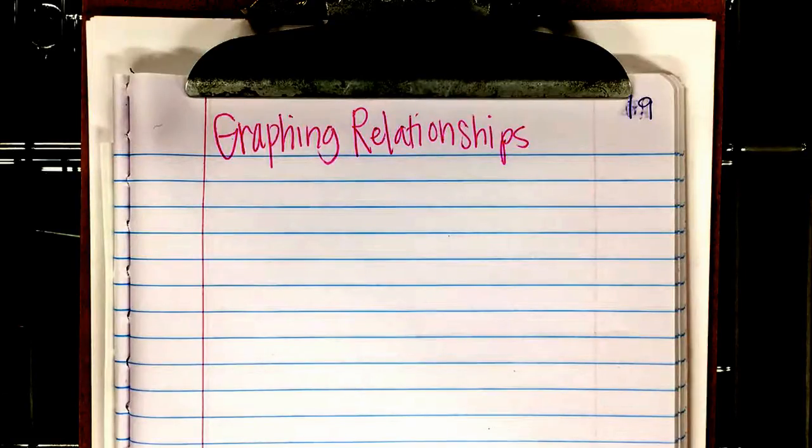In data and statistics, the type of graphs we deal with are box plots and histograms and dot plots and those types of things, right? Frequency tables, stem and leaf. Data and statistics is when we gather a whole bunch of information and make predictions based on it, okay?